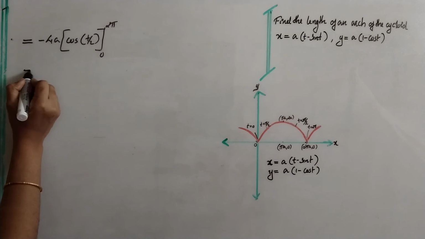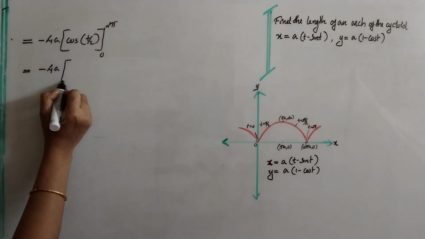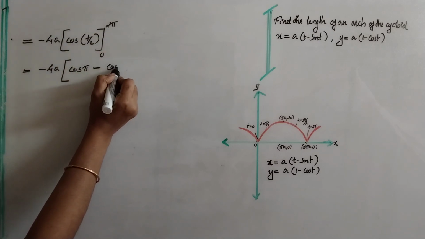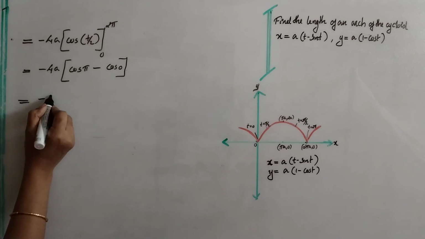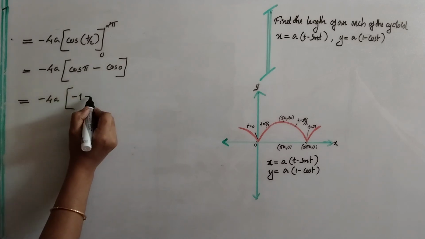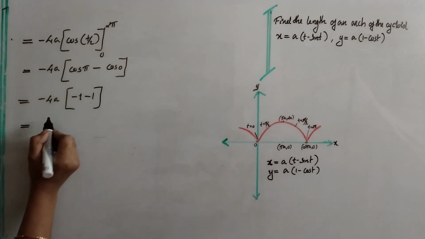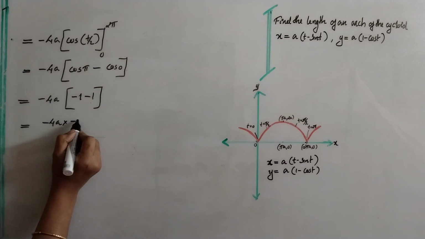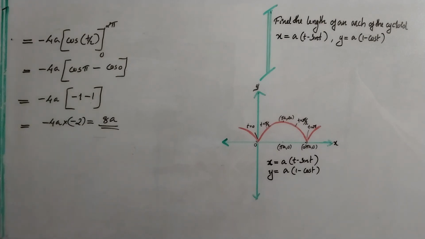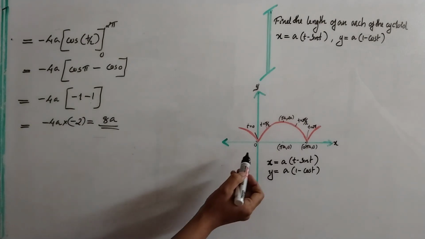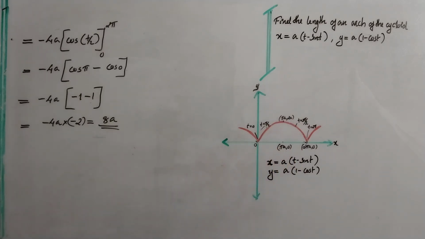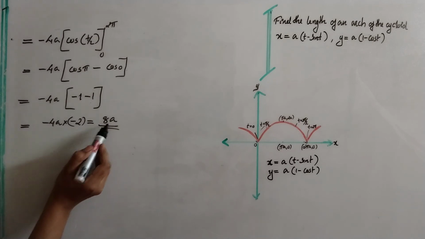After applying the upper and lower limits, cos 2 pi by 2, that is cos pi, minus cos 0. This is equal to minus 4a into, cos pi is minus 1, cos 0 is 1, so minus 2, minus 4a into minus 2 is equal to 8a. So the length of an arc of the cycloid, this is one arc, is 8a.